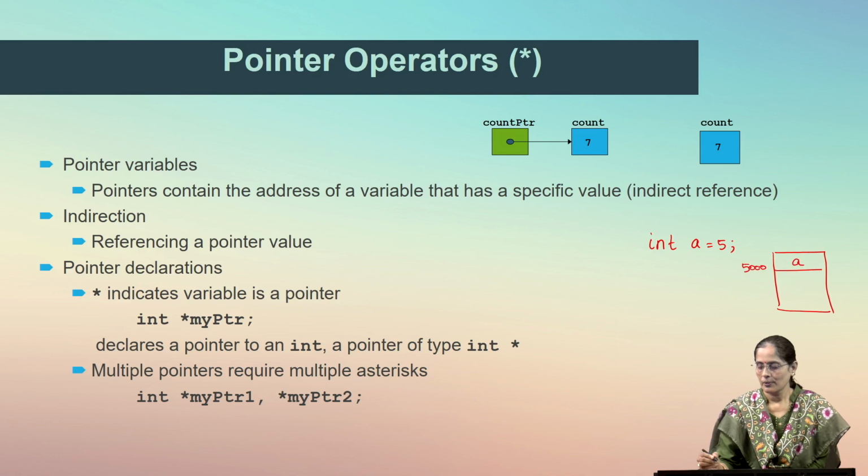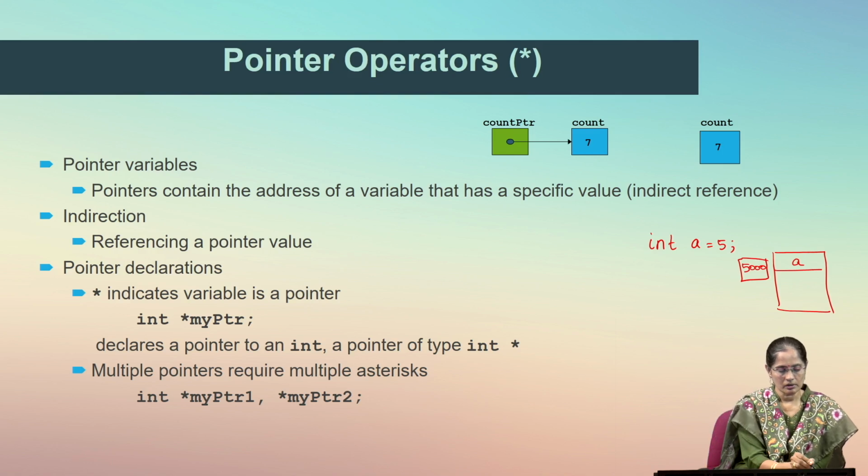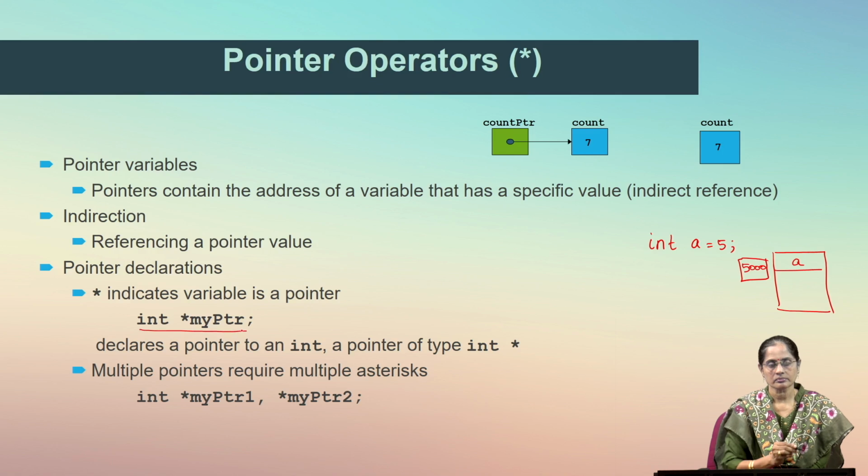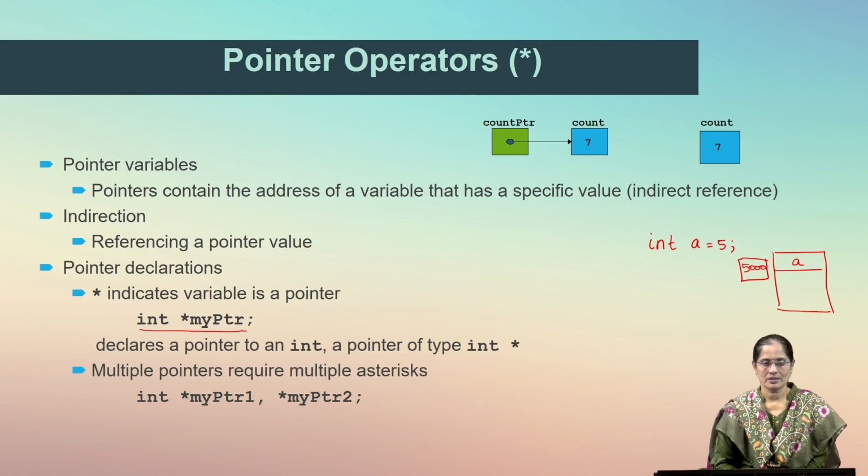Supposing I want to know the address associated with that particular variable, I can make use of pointers. To declare a variable to be a pointer, the syntax is int asterisk pointer variable. So, asterisk is the operator used for declaring a variable to be a pointer variable which can hold the address of another variable.